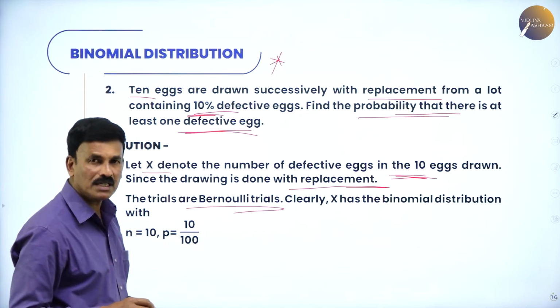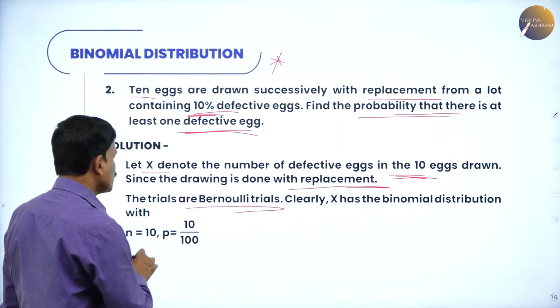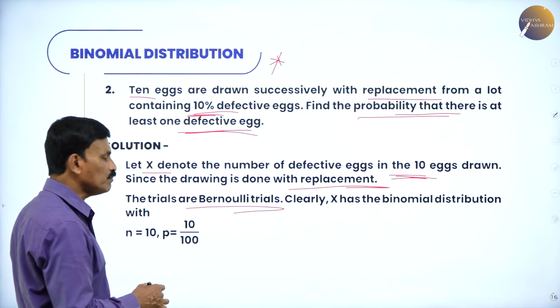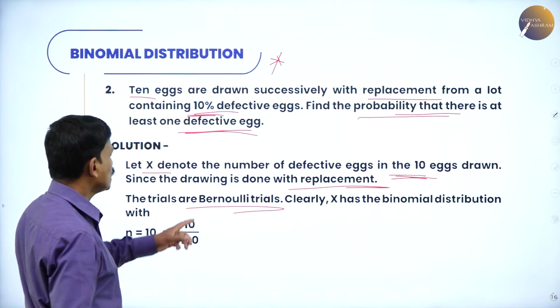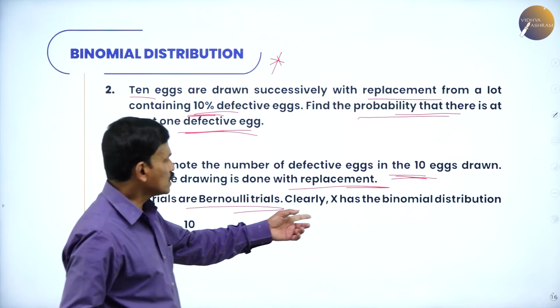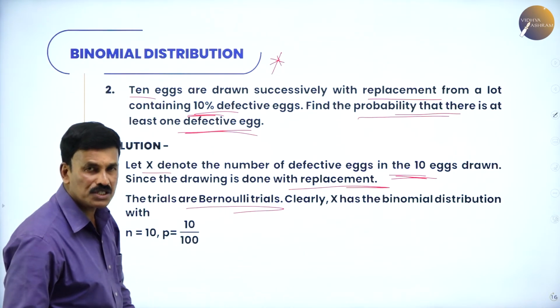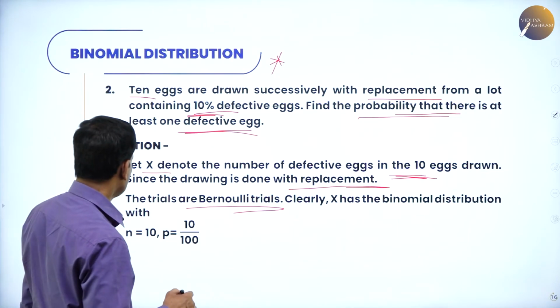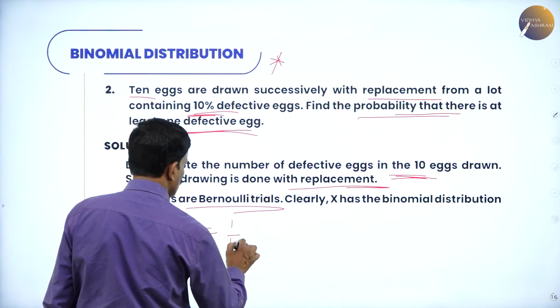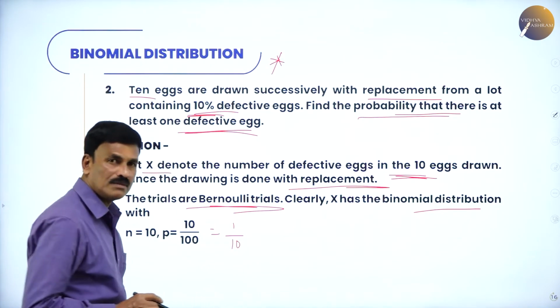Clearly x has a binomial distribution with n is equal to 10 and p is equal to 10 divided by 100, that's equal to 1 by 10.